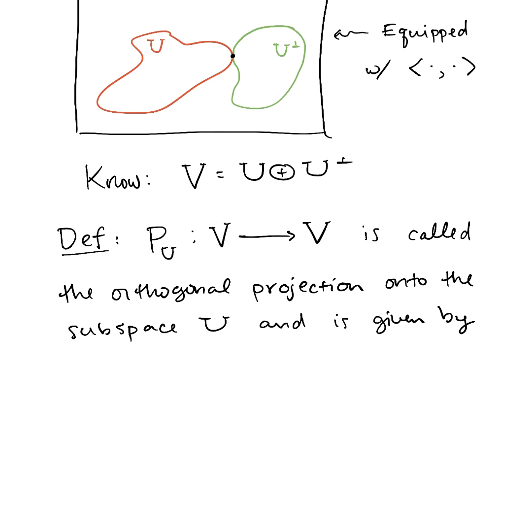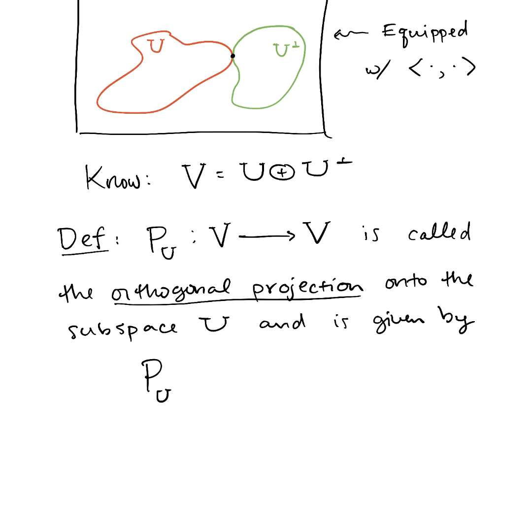well, we said it a moment ago. You feed this projection some vector V. It's going to express V as something from the red plus something from the green, and then just ignore the green part. In symbols, that looks like this.